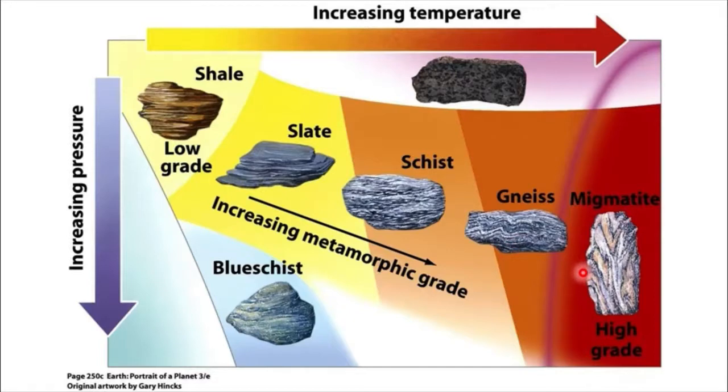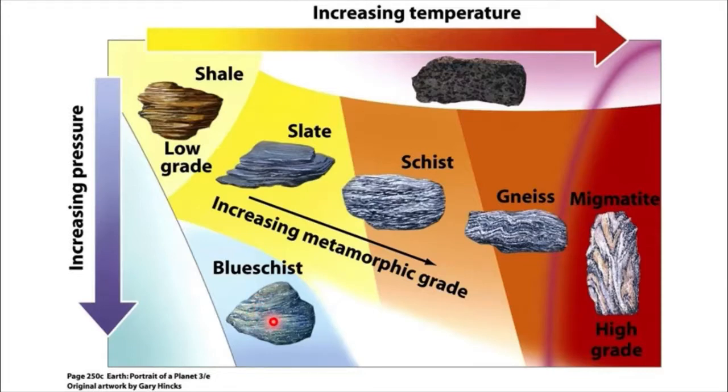So this is how the different types of metamorphism look with the corresponding increase of pressure and temperature. For example, if you increase the pressure further with minimal temperature, we will be producing a blue schist.